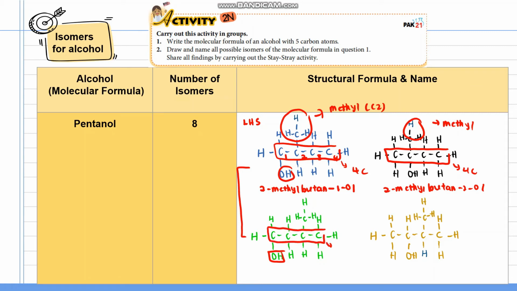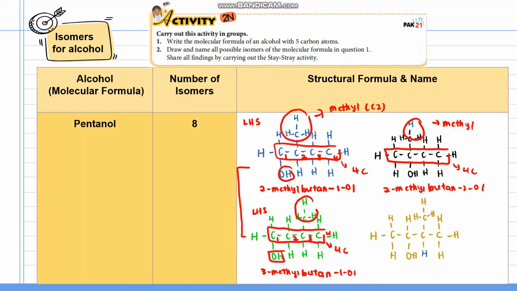In this case, the longest carbon chain has 4 carbons. When we number the carbon atoms, we make sure the carbon bonded to the hydroxyl group has the smallest number, so we number from the left-hand side: carbon 1, 2, 3, and 4. Now the methyl group is on carbon number 3, so we name it 3-methylbutan-1-ol, because the longest carbon chain is 4 carbons.